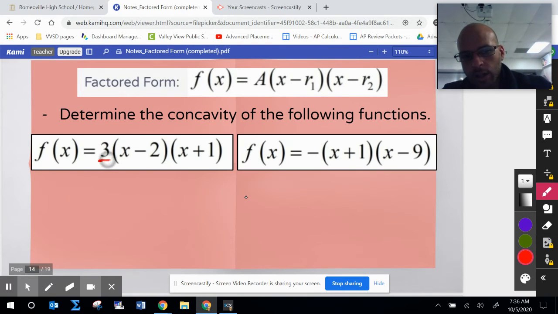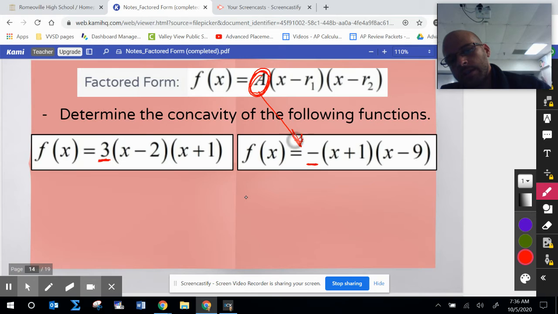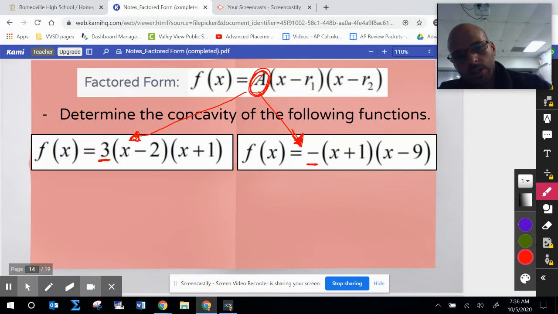It works the same way as all the other functions. We're taking a look at that a value that's on the top, right? So that a value tells us if it's going to be concave up or concave down. In this case, the first problem here is positive, so we know it has to be concave up.